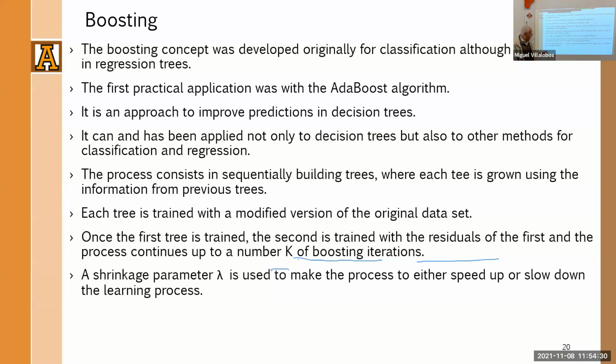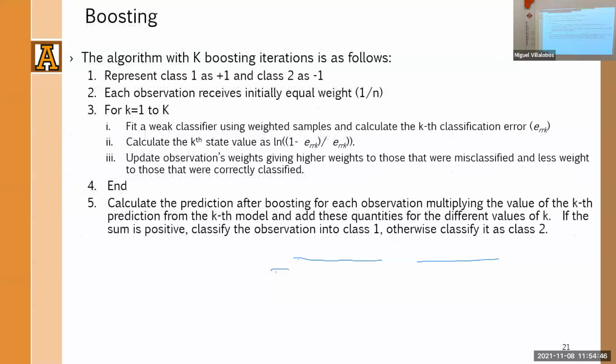We can think of this shrinkage parameter as a learning rate: how fast do we want the tree to learn? That's essentially the objective of this shrinkage parameter. This is essentially the algorithm for boosting, for k boosting iterations.